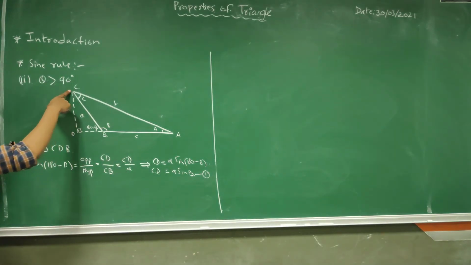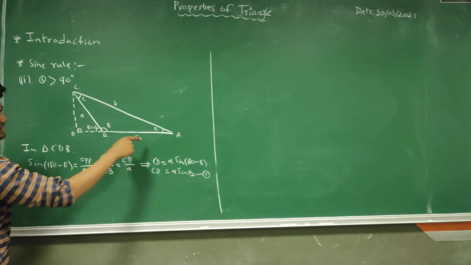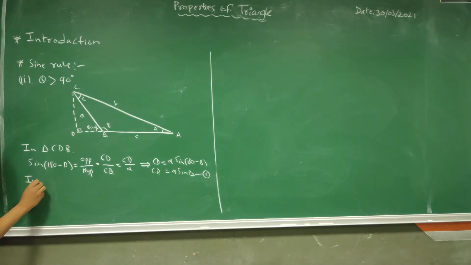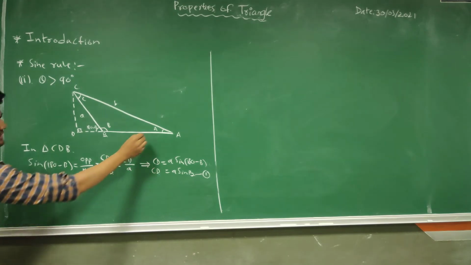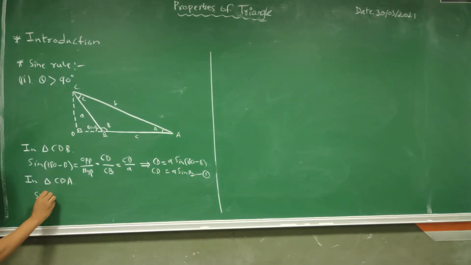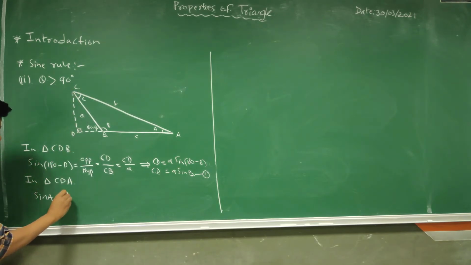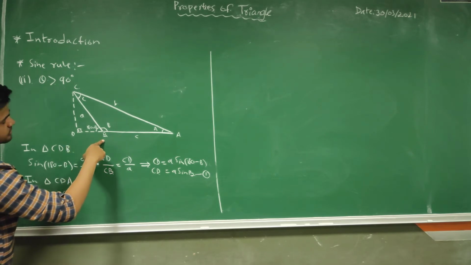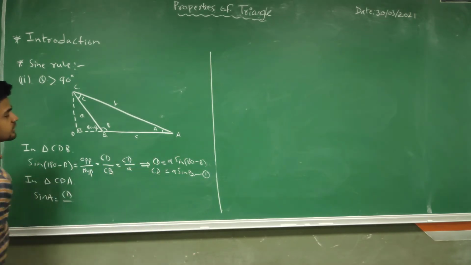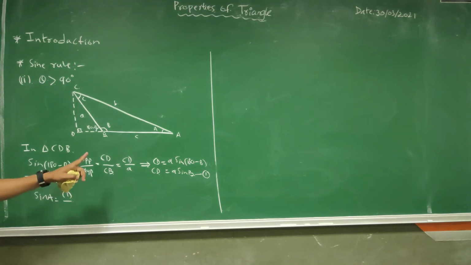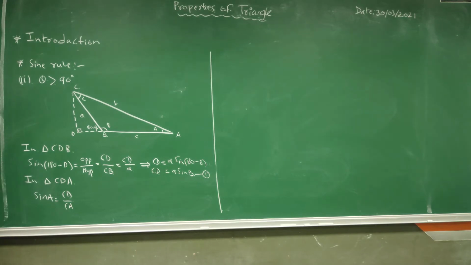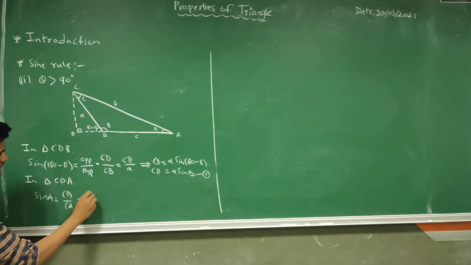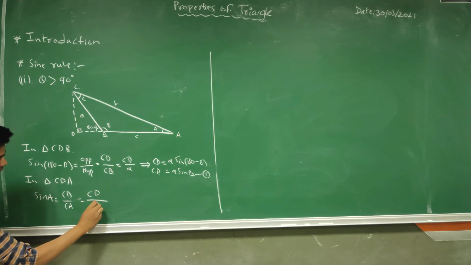Now just see in the right angle triangle CDA. If I am applying sine here, I will get sine A is opposite, and opposite is nothing but CD, by hypotenuse, and hypotenuse is CA. So CA is nothing but b.